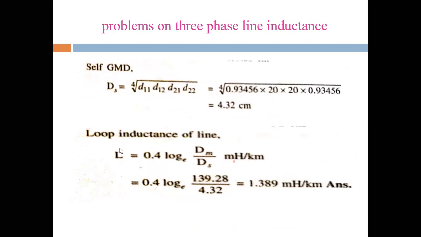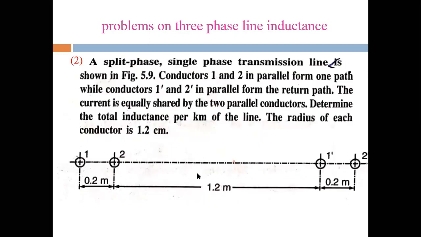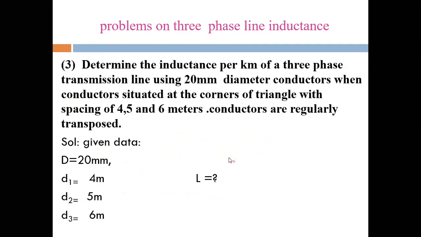In single phase, the loop inductance L is equal to 0.4 log e d by r dash. The two conductors are in parallel and transposed, that means we consider Dm by Ds. This problem is related to the single phase transmission line.